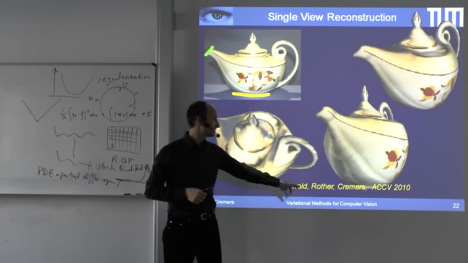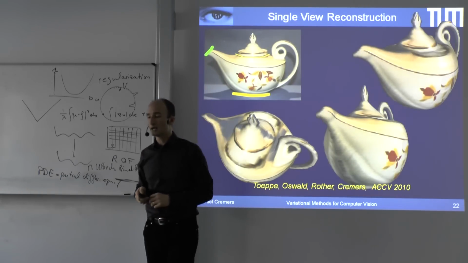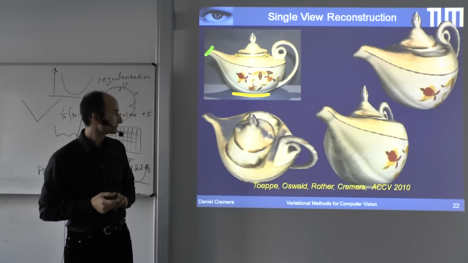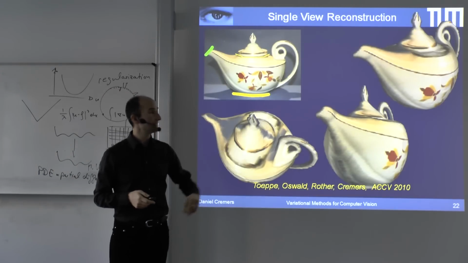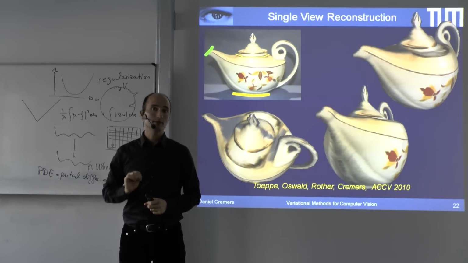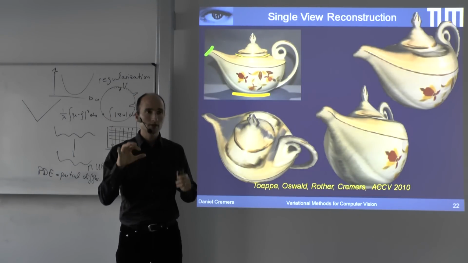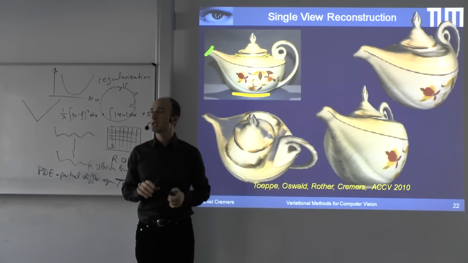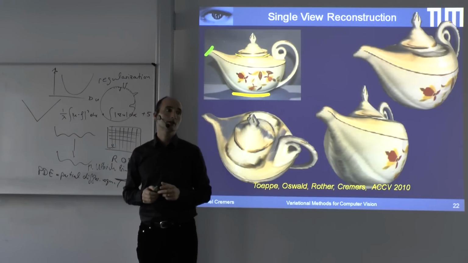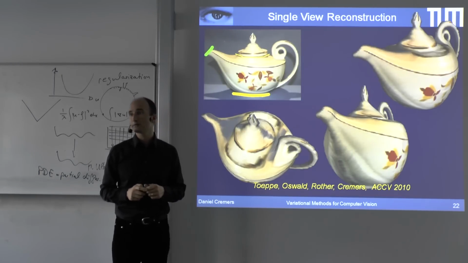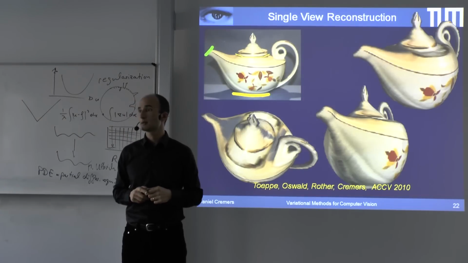And this is actually Carsten's algorithm that they incorporated into Office. With the algorithm we did here, you can not only copy-paste objects from one image to the other, but you can turn them in 3D, you can relight them, you can change the material. It's not yet in Office, but I don't know, maybe Microsoft will implement this at some point.